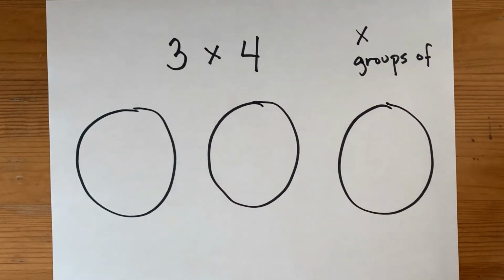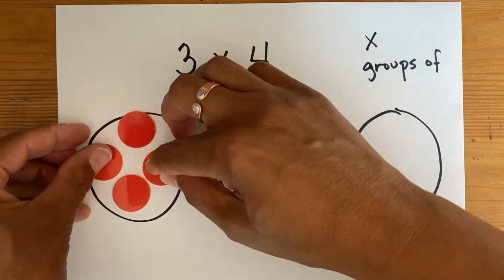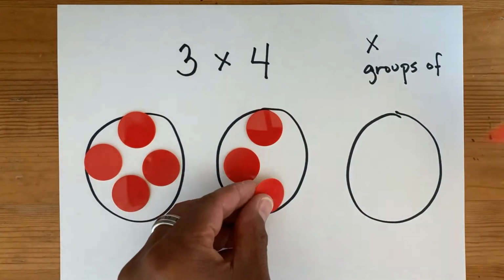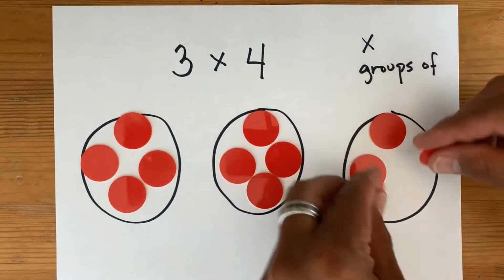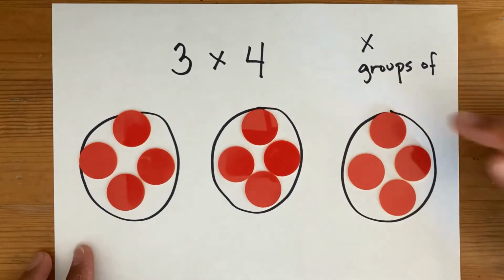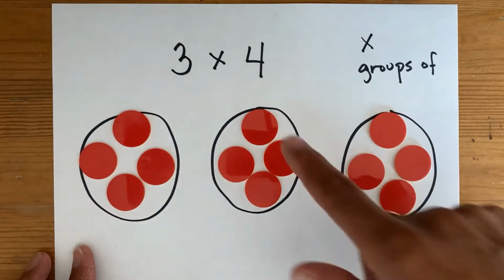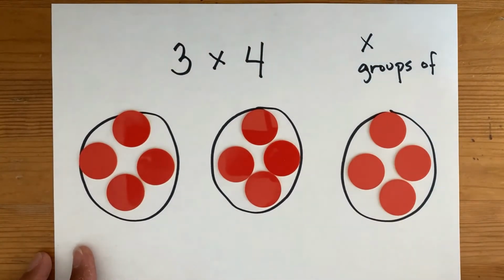So I'm going to put 4 chips in each group. So there's 4 chips in that group. And 1, 2, 3, 4 counters in that group. And 1, 2, 3, 4 counters in that group. So this is 3 groups, and each group has 4. 3 groups of 4, or 3 times 4. That's one way to illustrate this.